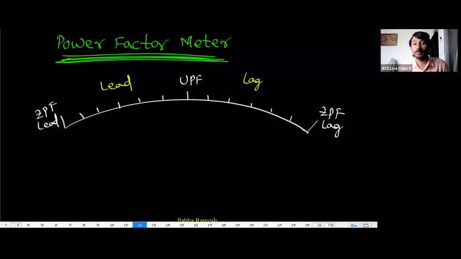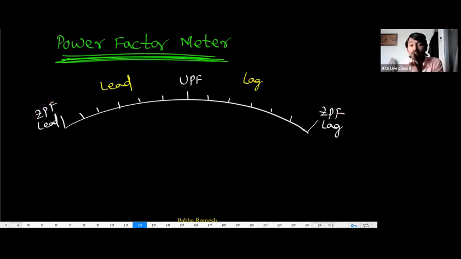That is the reason why the spring controlling mechanism is not used here. It is not present. If it is showing a reading, after removing the supply the pointer would have to go back to the initial value, but nothing is the initial value. That is the reason we should not use spring control.